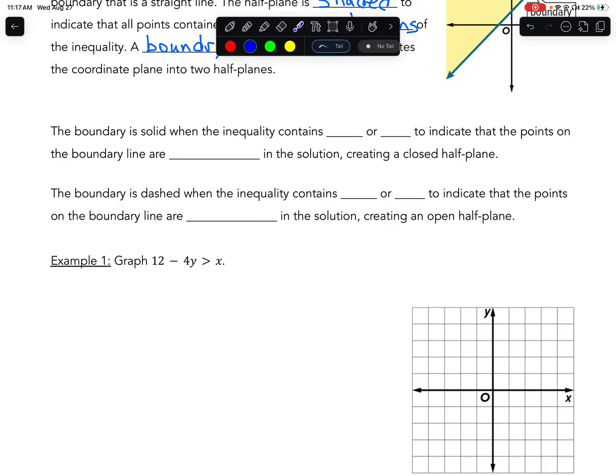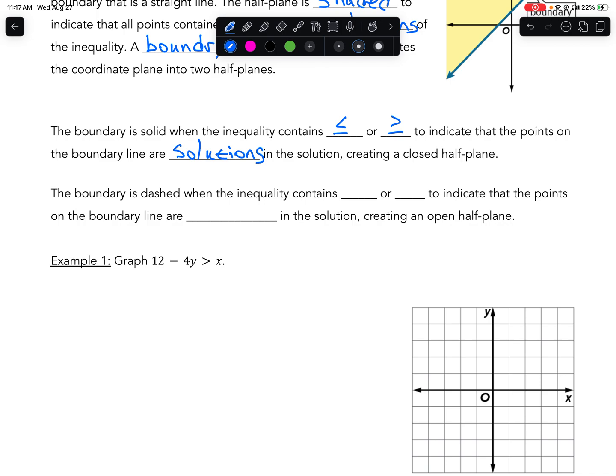The boundary is a solid line when the inequality contains either a less than or equal to or a greater than or equal to, to indicate the points on the boundary line are solutions in the solution.